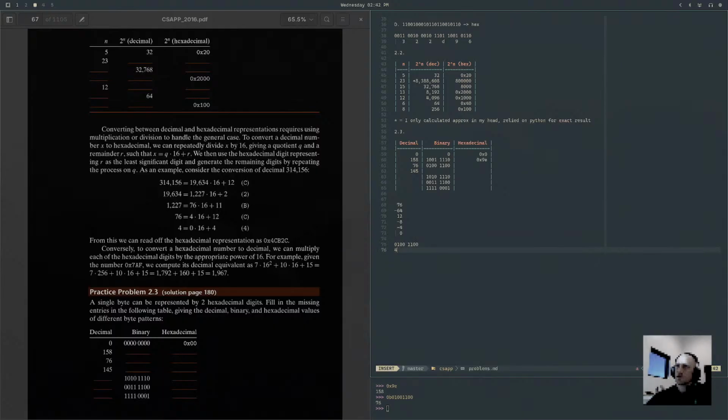That's a C. Because 1, 1 would be 8 plus 4, which is 12. A is 10, 11, 12. A, B, C. Yeah, 4C. 0x4C. Yep. Okay. Next one, 145.